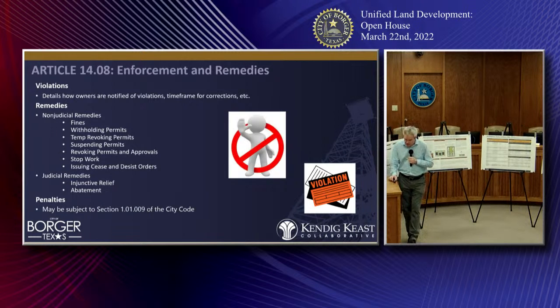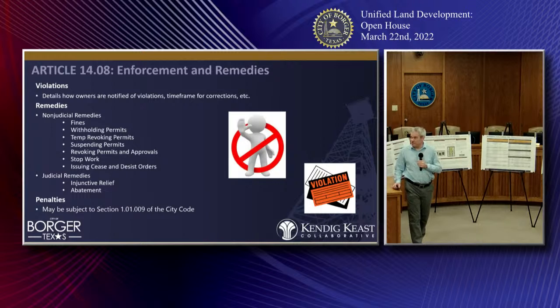that process for having a violation and what are some things that the city can do to try to encourage compliance. There's withholding permits for that property owner. If they were to try to have any other permits for anything, they wouldn't be able to get them until they fix their violation. Stop work orders, cease and desist. There's a lot of legal remedies that don't involve yet going to court.